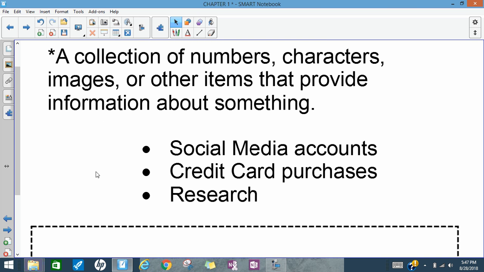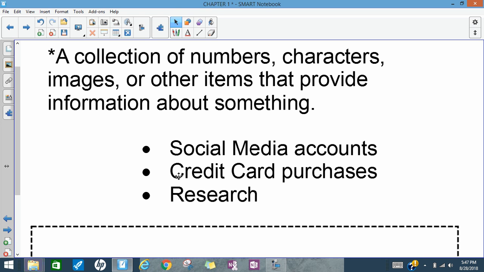So data is collected a lot of ways that you're probably used to, or maybe you're just unfamiliar with it, but social media accounts are a way to mine data. Sometimes you'll notice there are ads associated with things that you've searched online, or accounts that you follow, and that's because they're collecting data on you and trying to advertise specifically to your interests.